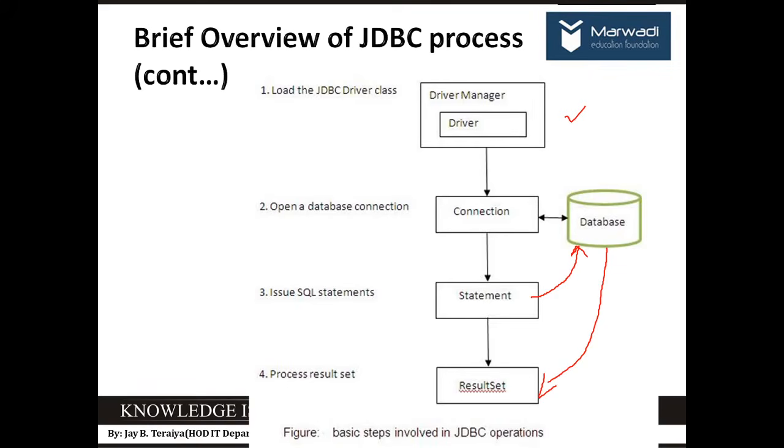If you fire a query 50,000 times onto a database and the query is the same, then 50,000 times it will be compiled and 50,000 times executed. Technically, your query should be compiled only once, and then you should be able to execute it 50,000 times.